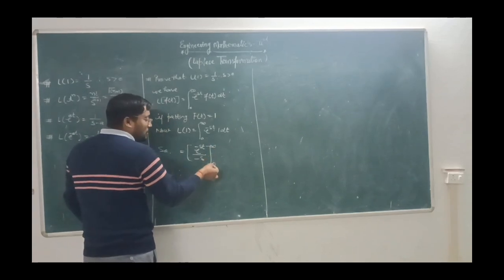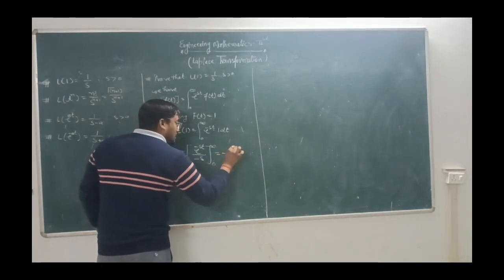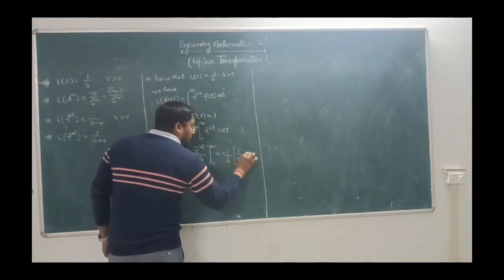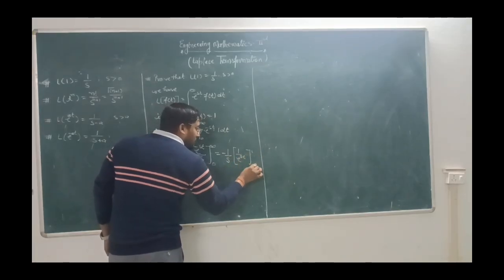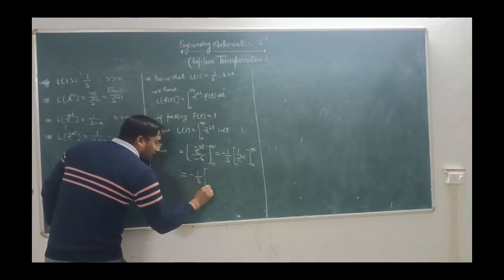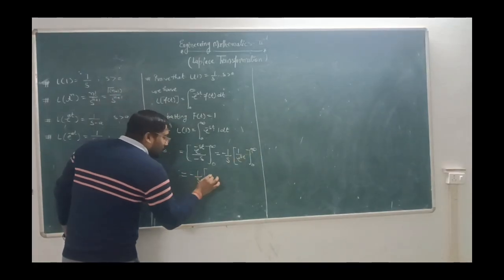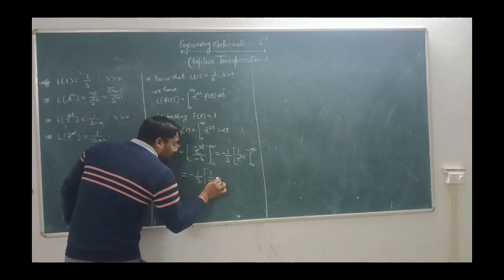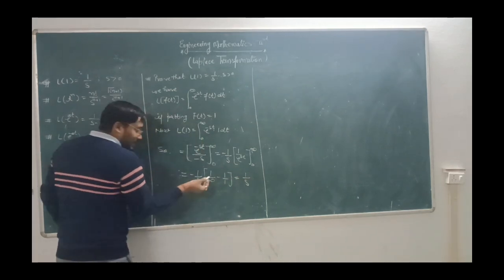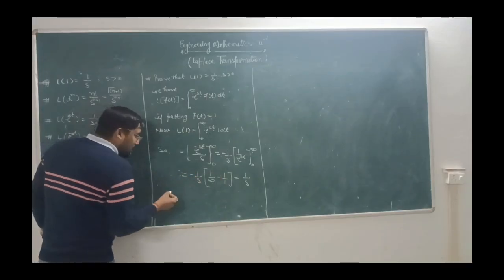Now putting the limits 0 to infinity: first putting infinity, 1 by e^(infinity) is 0, minus 1 by 1, equals 1 upon s, since minus and minus is equal to plus 1.